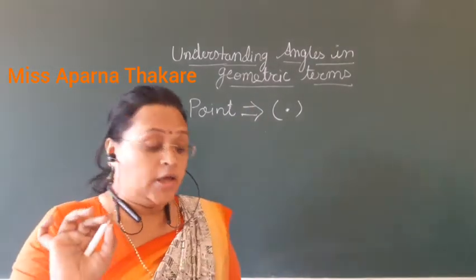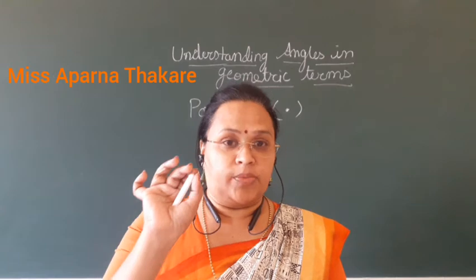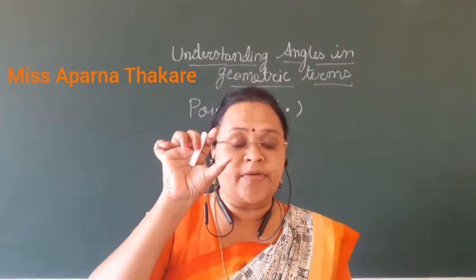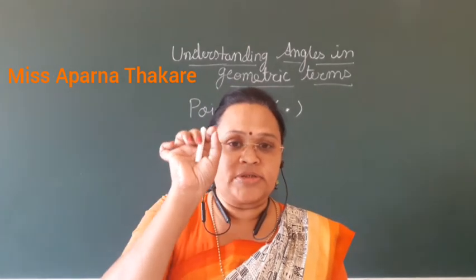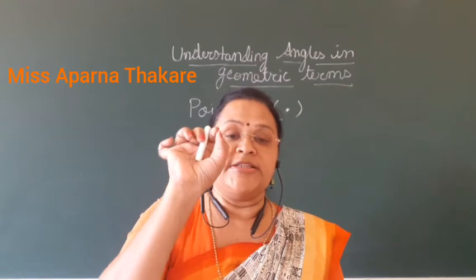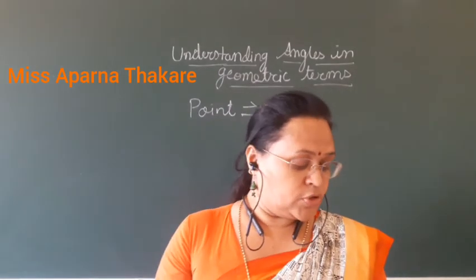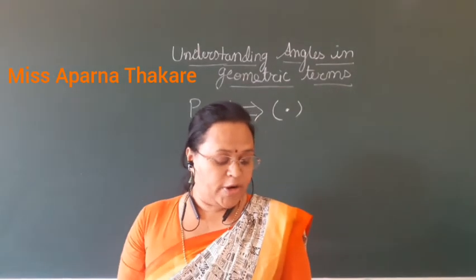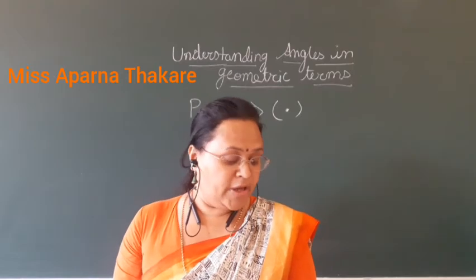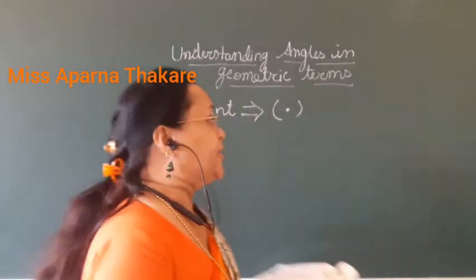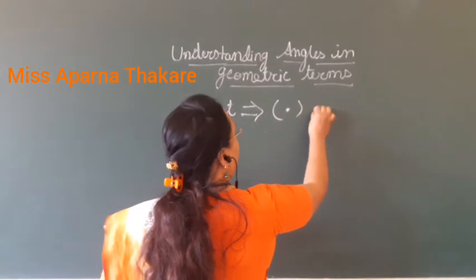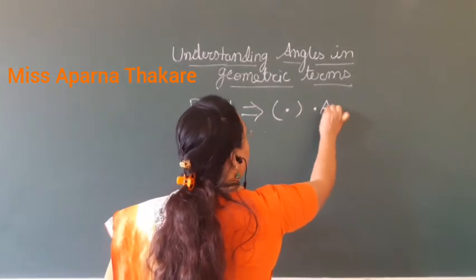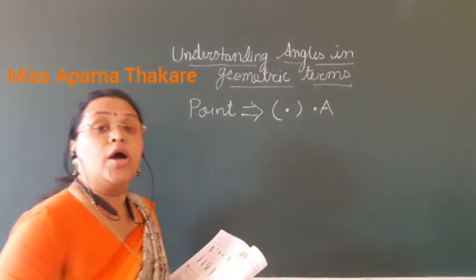It means we only give the tip of the needle, or a nail. The tip of that is the point. So we represent a point with the help of a dot and name it with a capital letter. This is the point on the board.